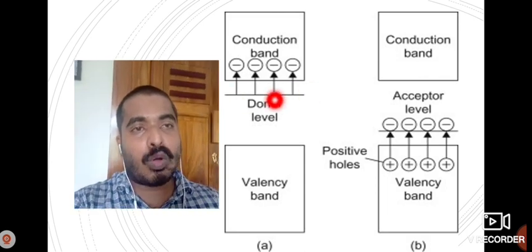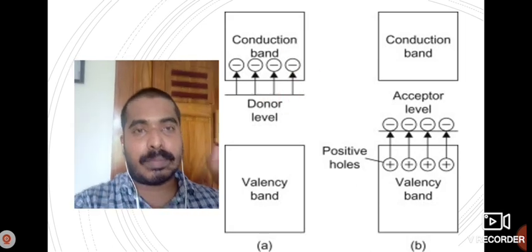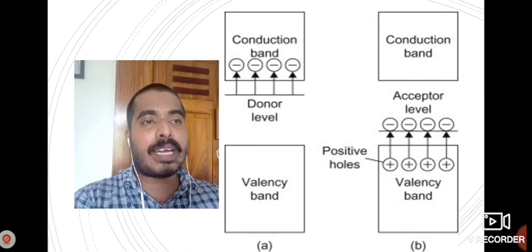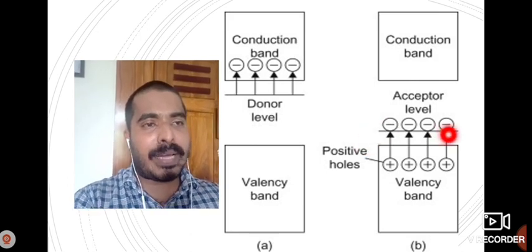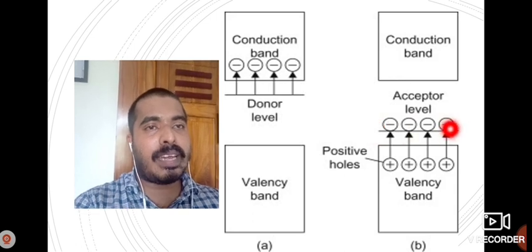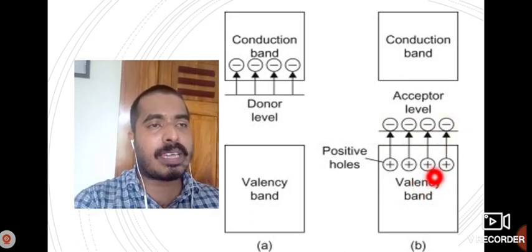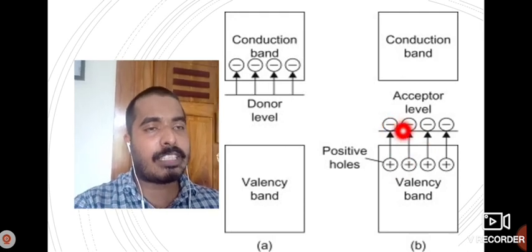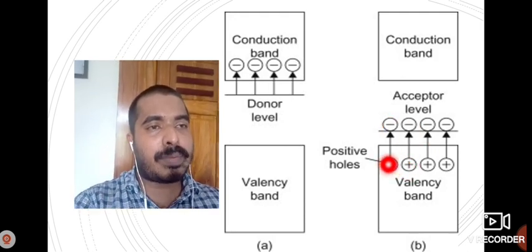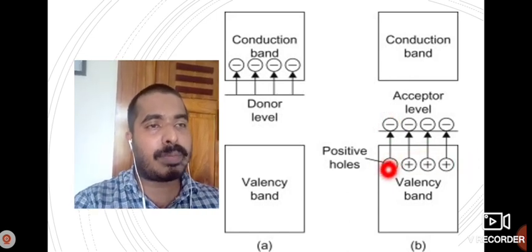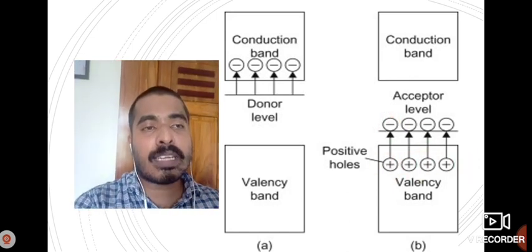Now in the case of P-type semiconductor, there is an acceptor band near the valence band. This acceptor band can accept electrons from the valence band. As valence band electrons move to the acceptor level, holes are created in the valence band. Holes are the carriers in P-type.